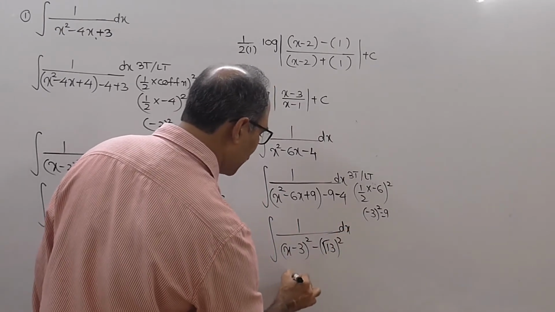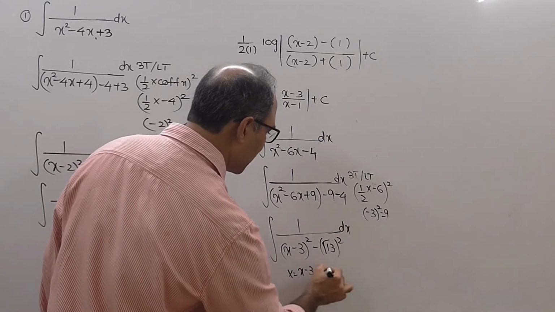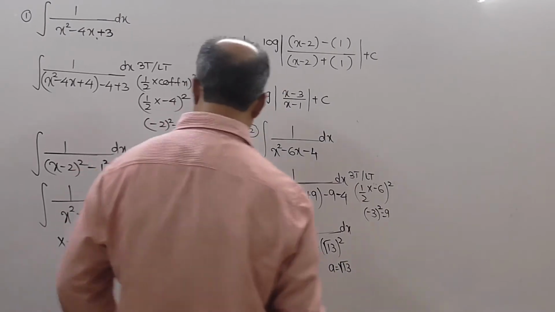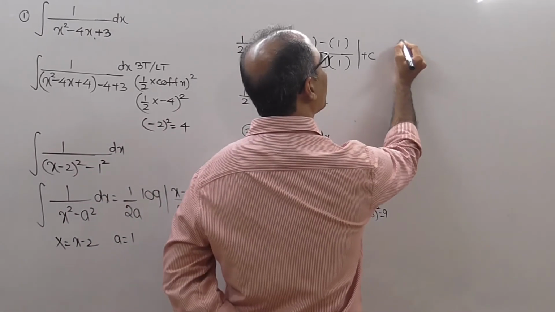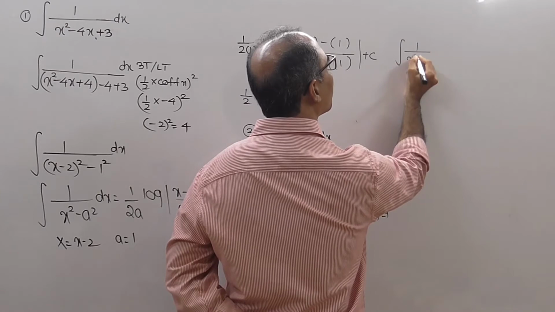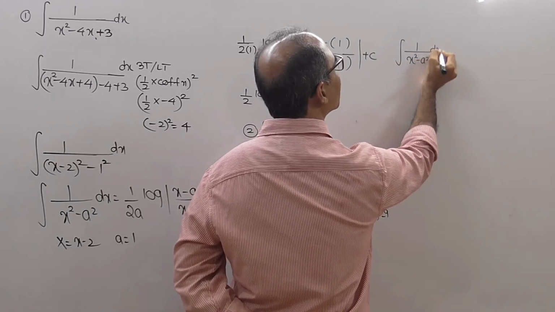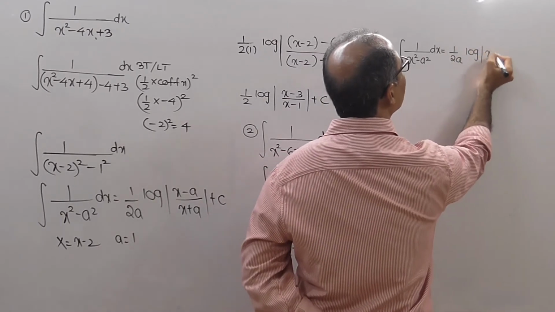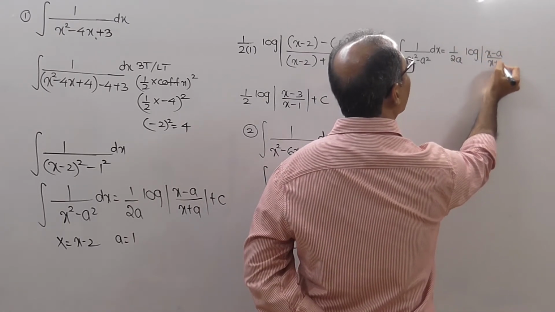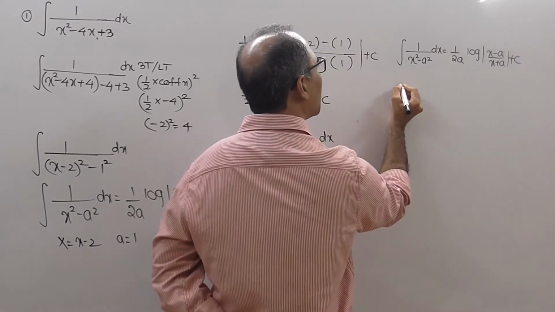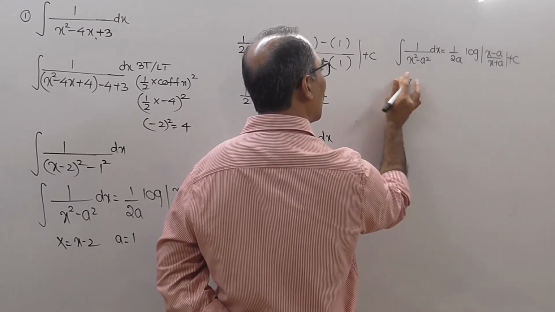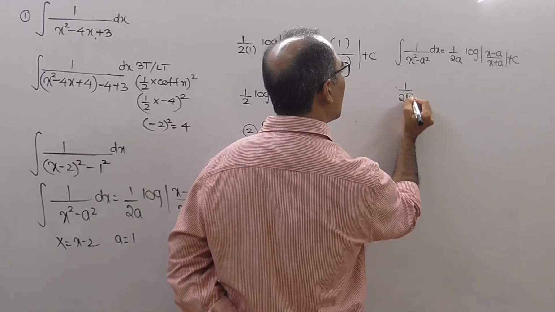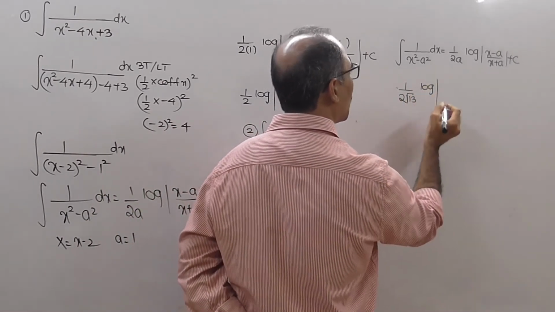That means my x will be x minus 3, and a will be root 13, because this is in the form of integration 1 upon x square minus a square dx. The formula is 1 upon 2a log modulus (x minus a) upon (x plus a) plus c. That means the answer will be 1 upon 2a, that is 1 upon 2 root 13 log modulus.